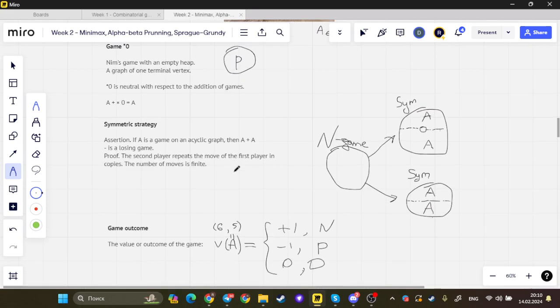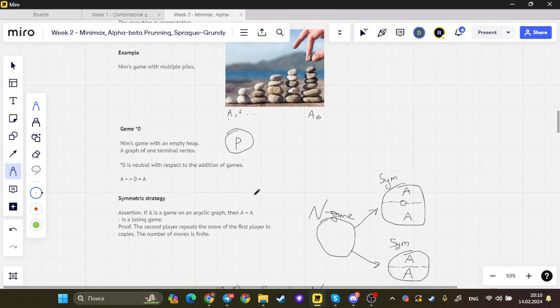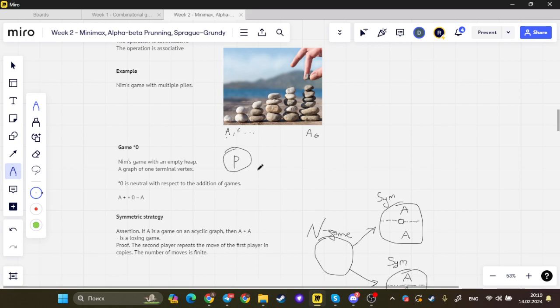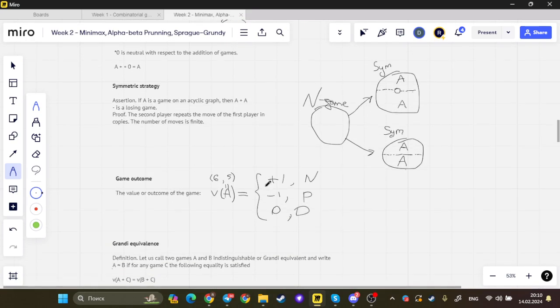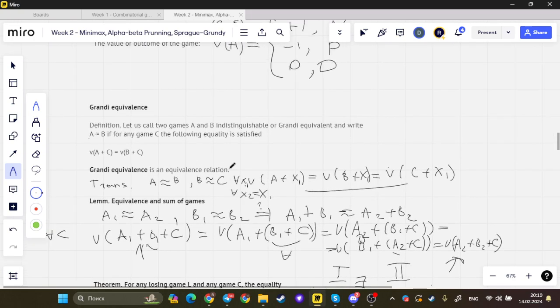Next, I proved some interesting, some useful properties. The most important is this definition. If you have two games, they are Grundy equivalent if for any game C, the following equality is satisfied.